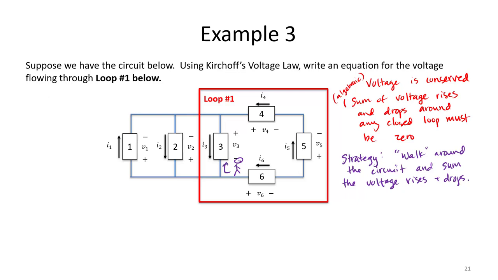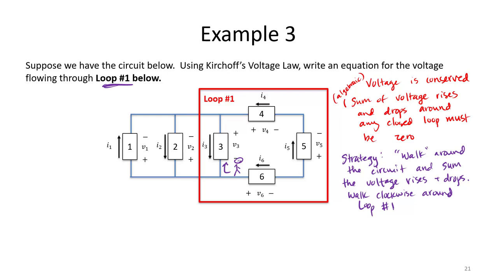And I'm going to walk clockwise around. In this case, I'm being asked specifically to find Kirchhoff's voltage law around loop number 1, so that's what I'll do. I don't necessarily know what direction the current is flowing. If I did know, generally it's preferable to walk in the direction of the current, but in this case we don't know for sure which way the current's flowing, so I'm just going to go clockwise.